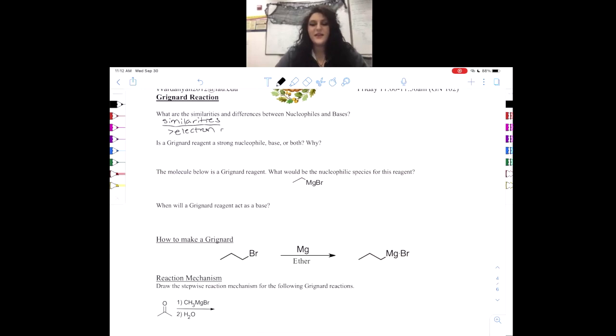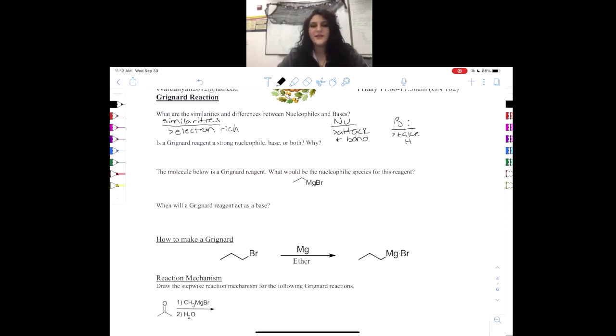And the reason for that is because they are using their electrons to get something or to attack something, right? However, the difference is that a nucleophile wants to attack and bond, versus a base wants to take a hydrogen. So that's the main difference.